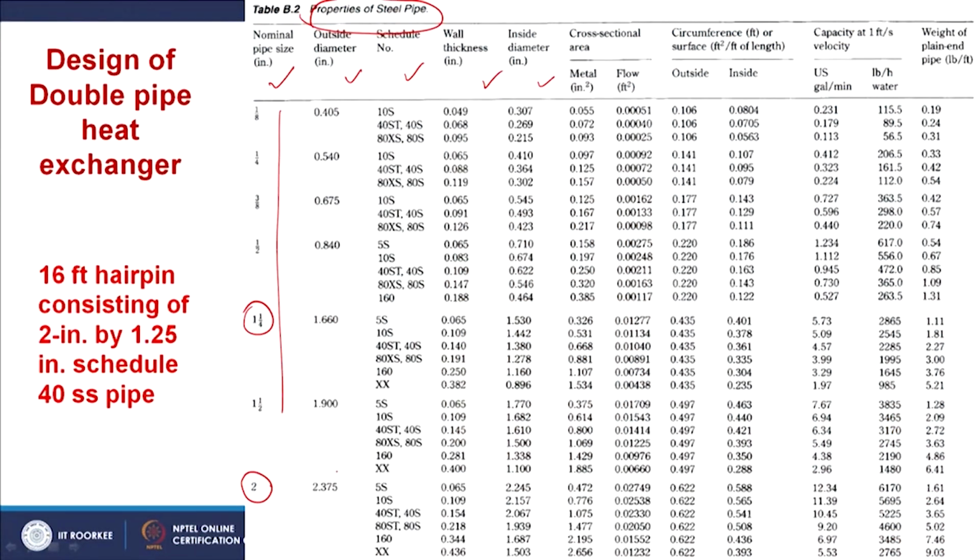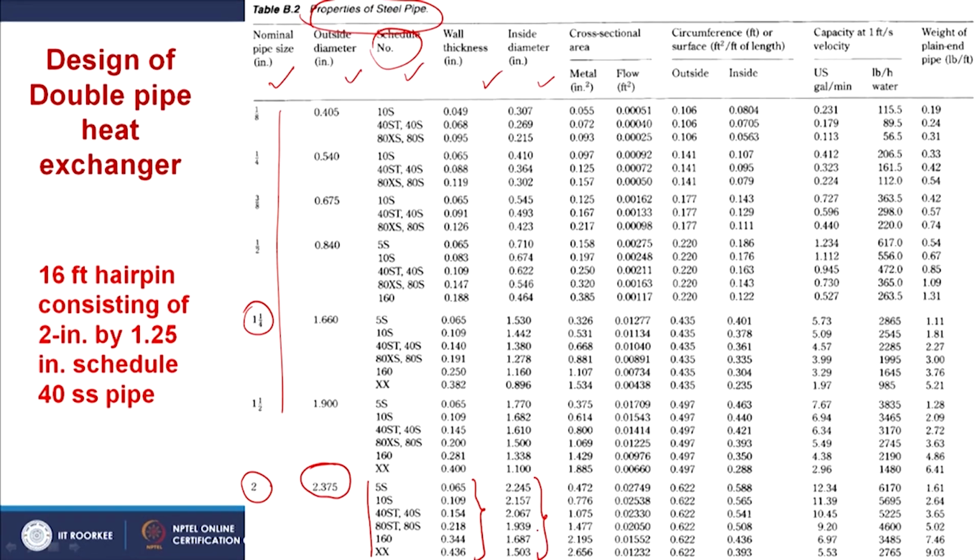Corresponding to 2 inches, this would be the outer diameter of the tube. For one OD of the tube we have different numbers, and these are basically schedule numbers, and according to this schedule number the wall thickness varies, and so does the inner diameter.